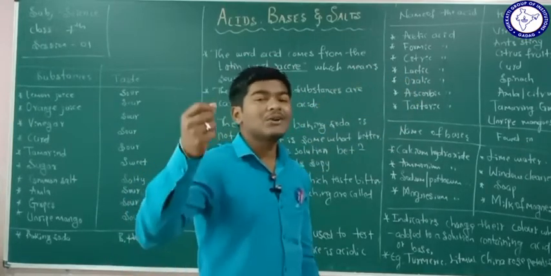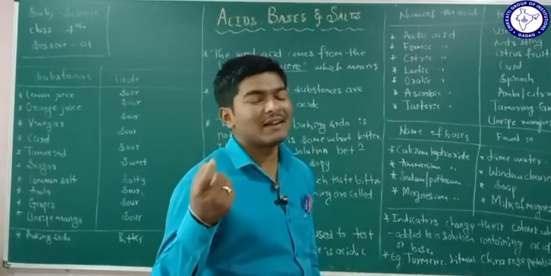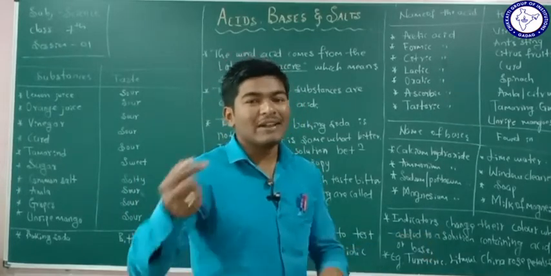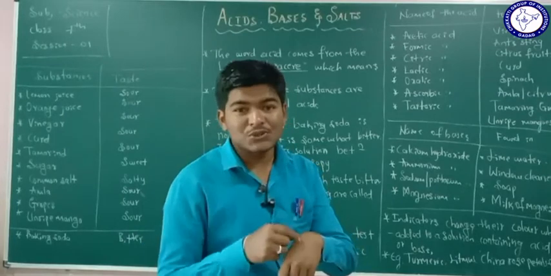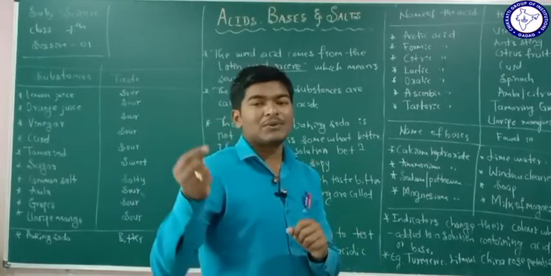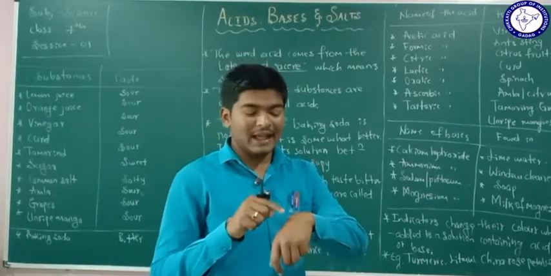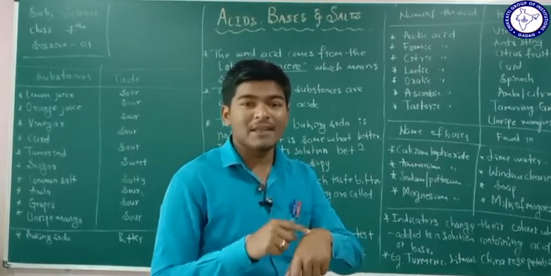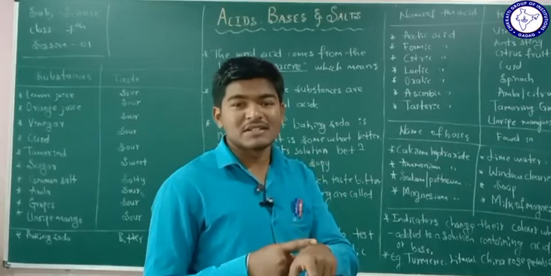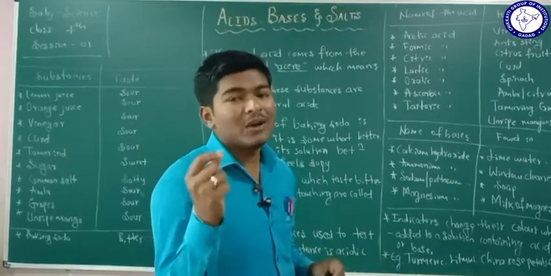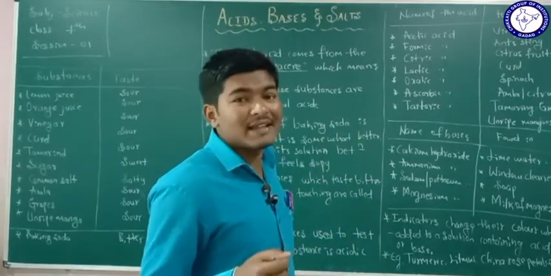So they are going to ask what is the solution for that. It is nothing but when the ants sting your skin, at that time you have to put some common salt on that place to avoid rashes and the burning feeling. Why? Because the common salt is a base.